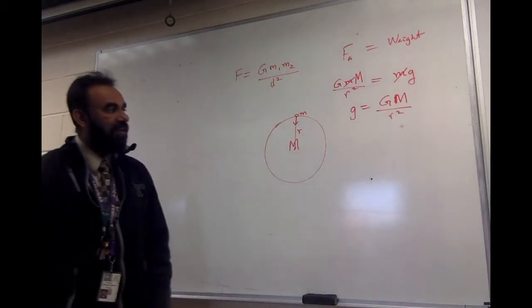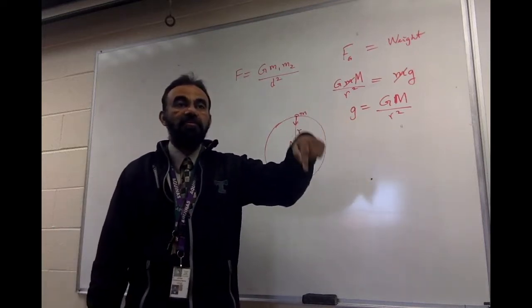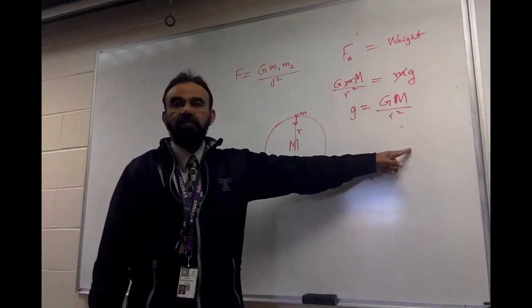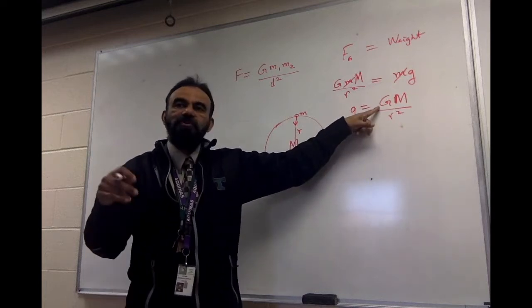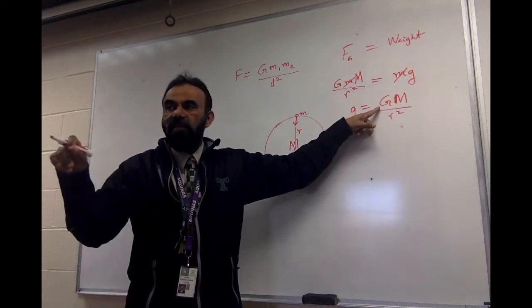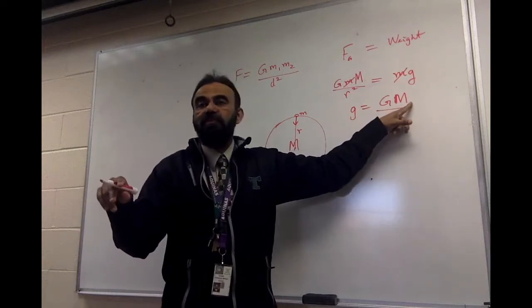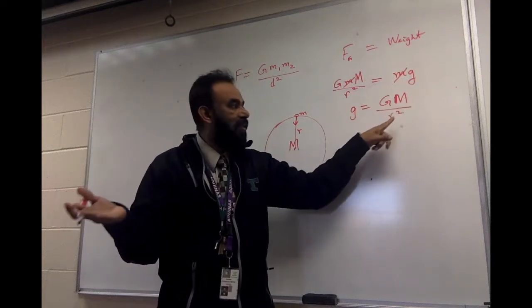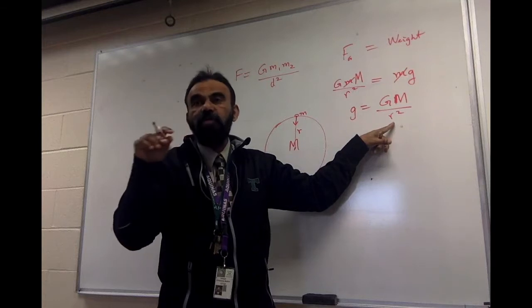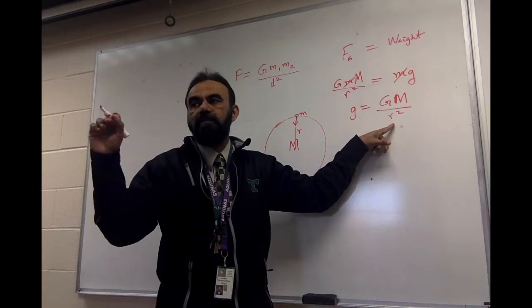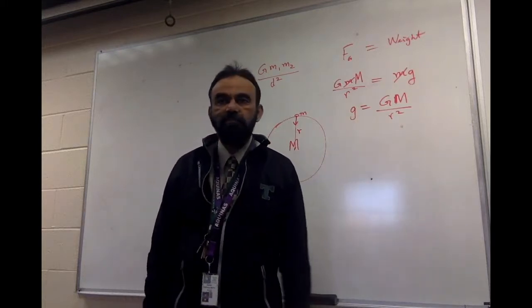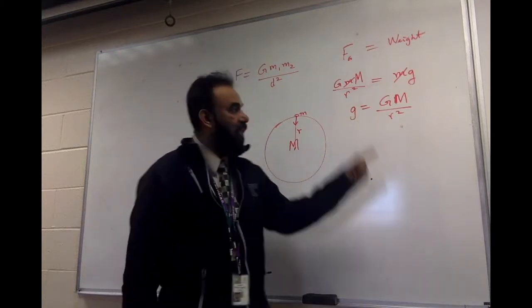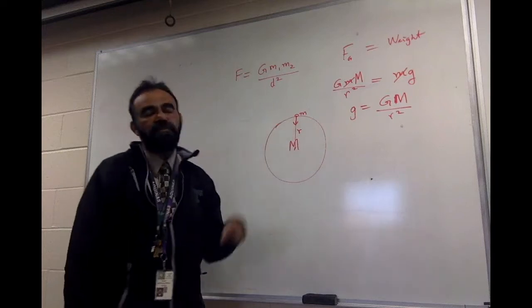If you want to really find the acceleration due to gravity on the surface of the Earth, just plug in all those numbers, because we know capital G is 6.67 times 10 to the power minus 11, capital M is 6 followed by 24 zeros, and the radius of the Earth is 6.4 times 10 to the power 6 meters. And then square it. So you'll end up getting 9 point whatever. Okay? So that is the acceleration due to gravity on the surface of the Earth.